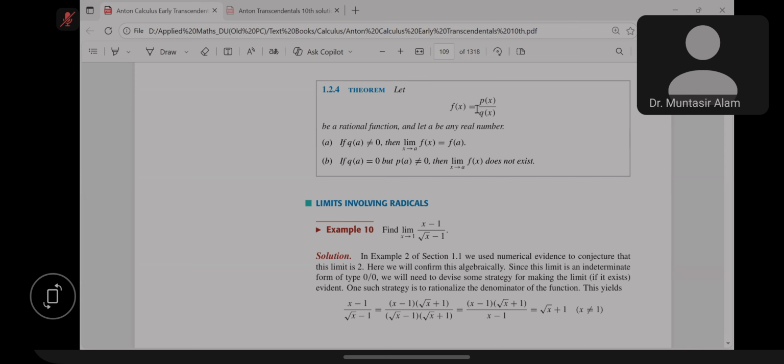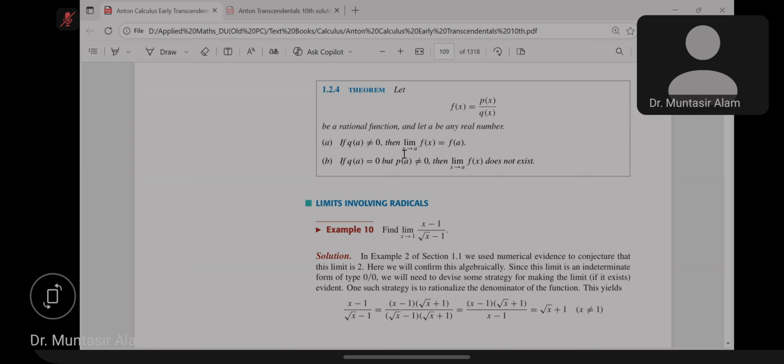In this theorem, a function f(x) is given, which is a rational function, since this is a p by q form function, p(x) by q(x). Now, for any real number a, if the function value q(a) is not equal to 0, then the limiting value of the function f is the same as the function value at x equal to a.